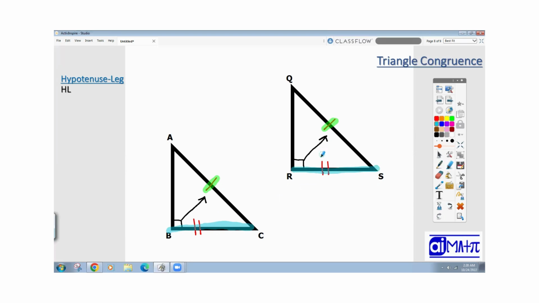And you have what is called hypotenuse leg. And you can say that triangle ABC is congruent to triangle QRS. And the reason in this case would be hypotenuse leg.